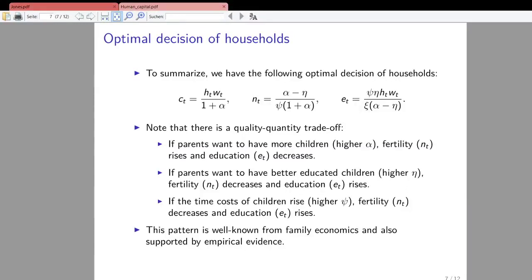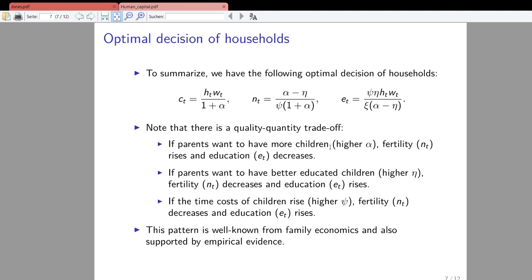Now we summarize here on the next slide again the solution to this optimization problem in terms of optimal consumption, optimal fertility, and optimal education of adults. And now what is important is the interpretation in terms of the quality-quantity trade-off effect.